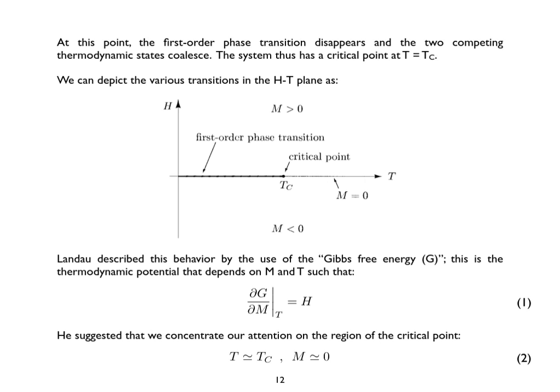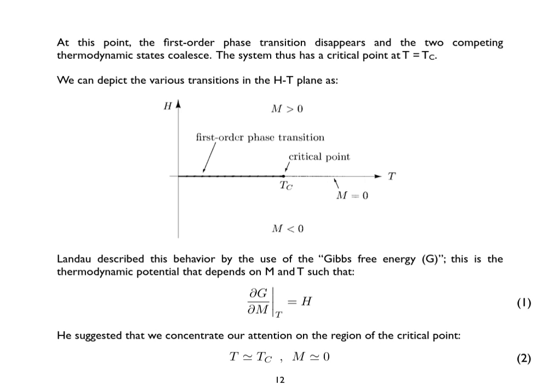Wikipedia says it's the magnetic susceptibility. The magnetic susceptibility, which is second order, changes discontinuously.